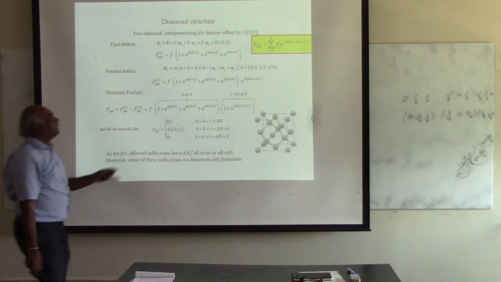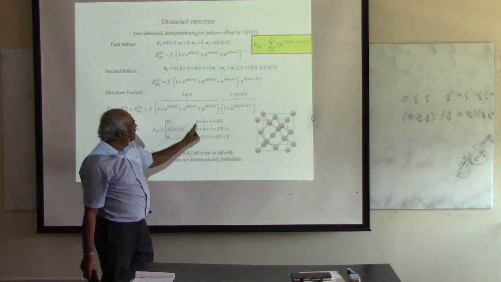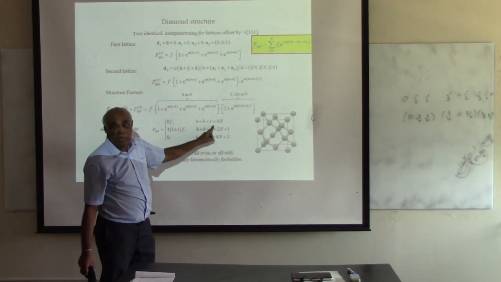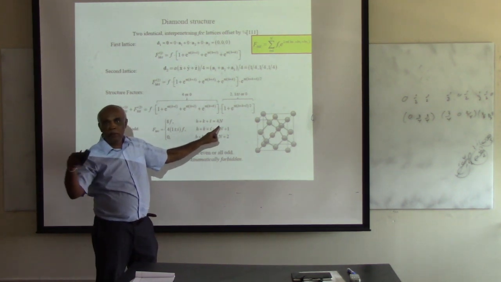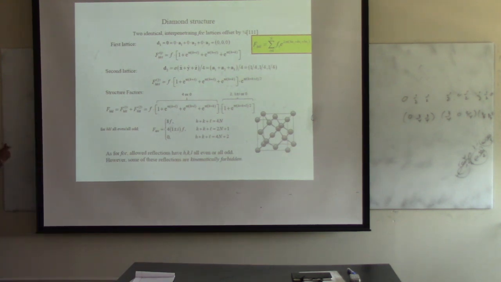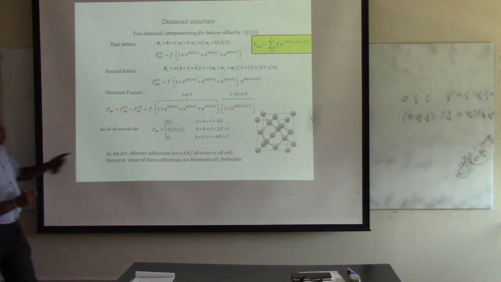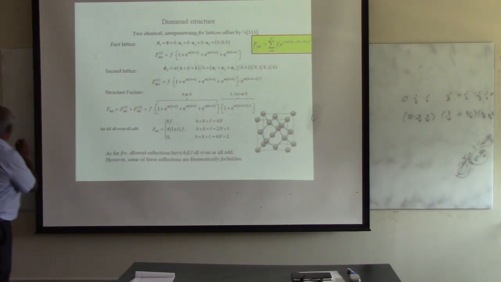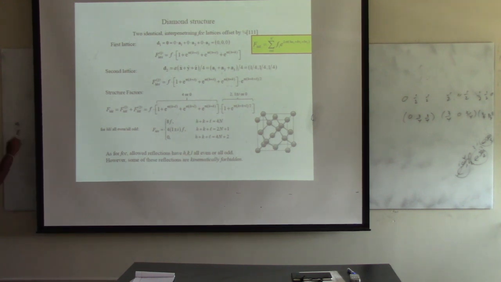But the important thing is, in the diamond case, the sum of these 3 should be a multiple of 4. That means you cannot have like 2. 2 is not a multiple of 4, right? So you can have H plus K plus L be 4 or 8 or 12, like that.